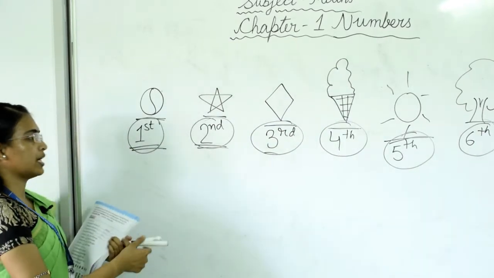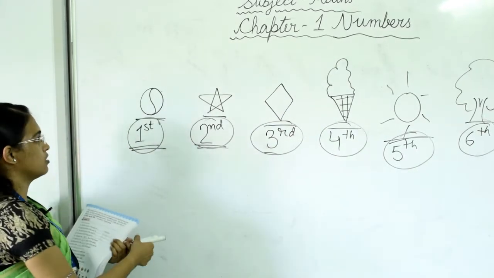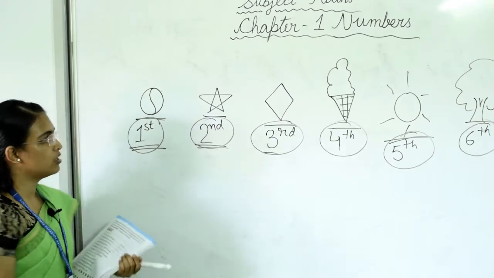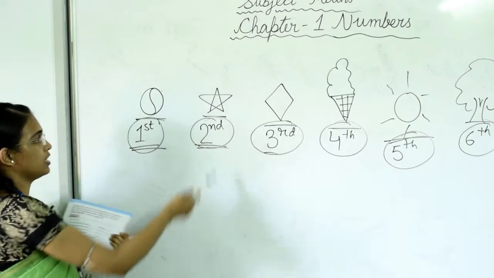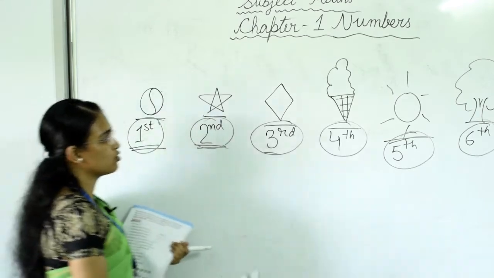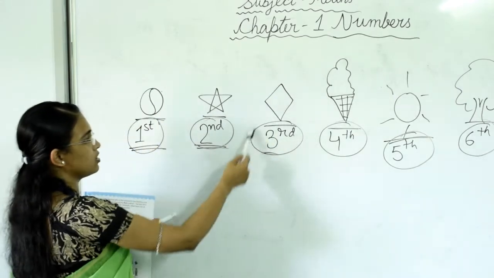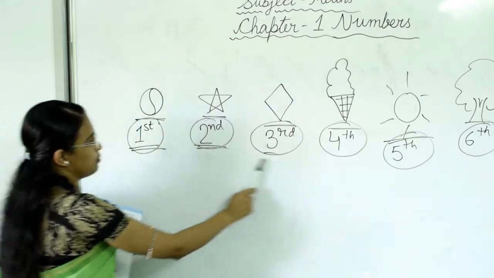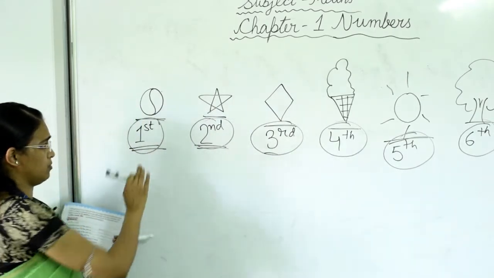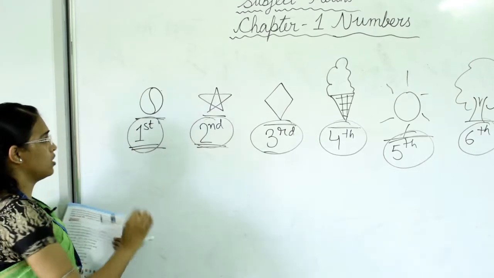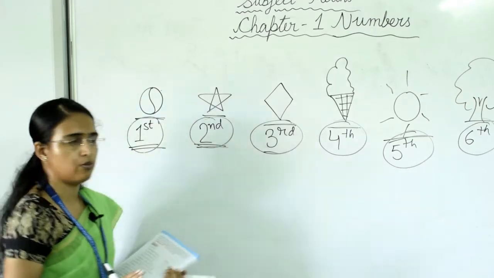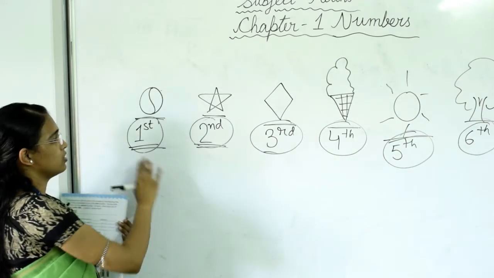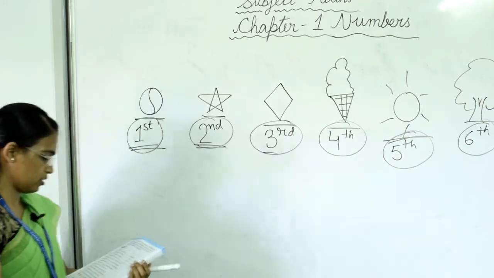Those who came first, they got which position? First position. Those who came second got second position, and those who came third got third position, and so on. So these positions, with the help of the numbers, when we get to know about the position of things, those numbers are called ordinal numbers.